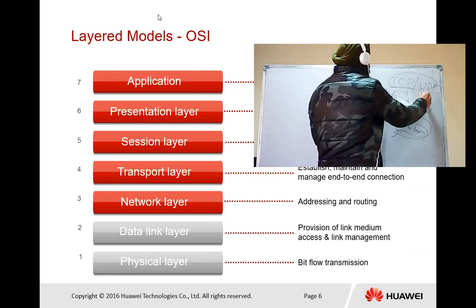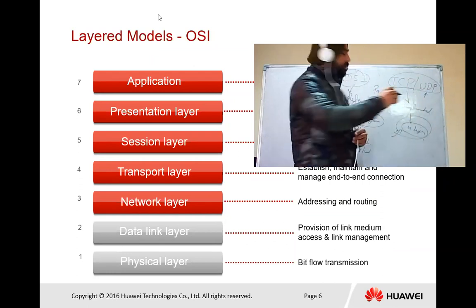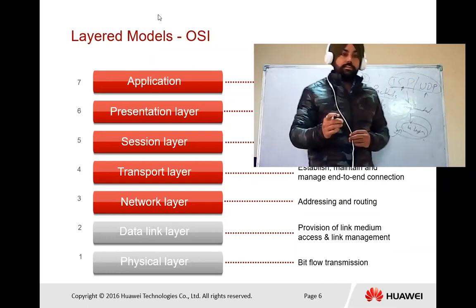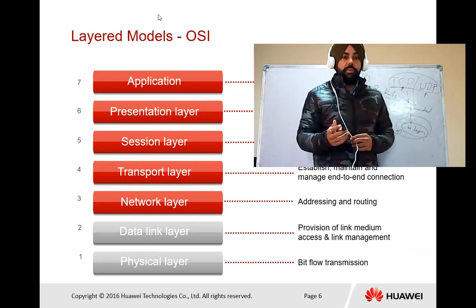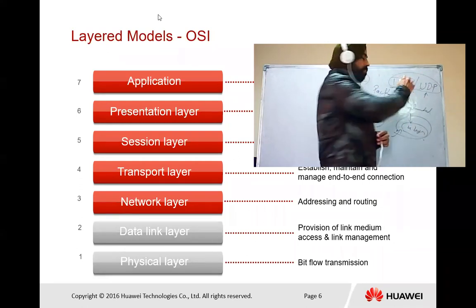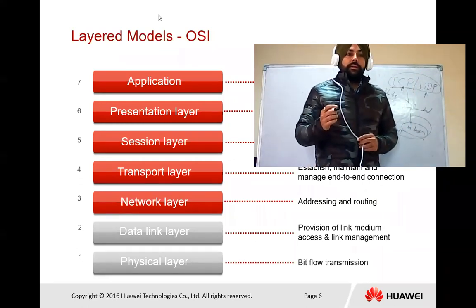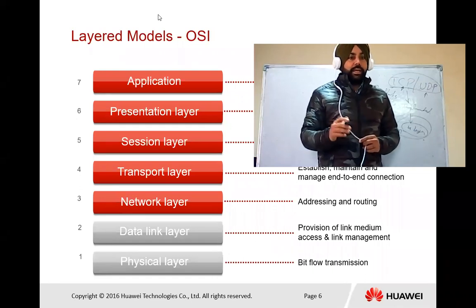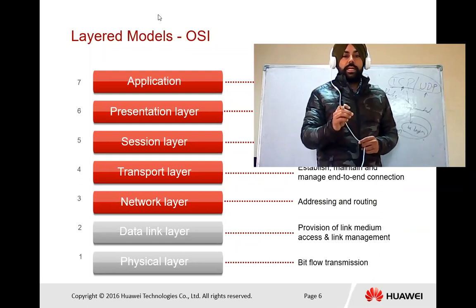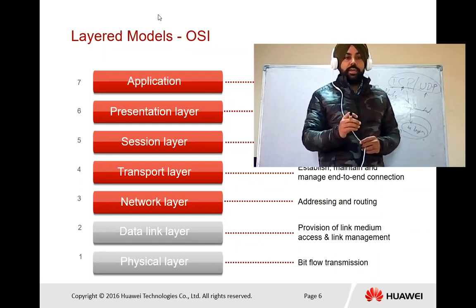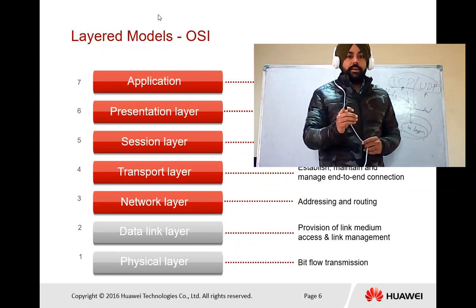There is a difference between TCP and UDP. In the case of TCP, it is getting or sending acknowledgement to your source. That means when we are talking about TCP, we are talking about the acknowledgement part.